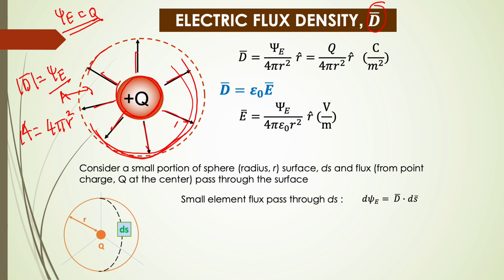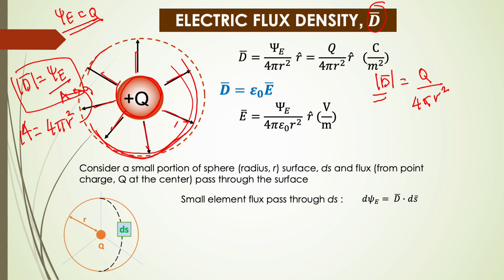If we substitute into this equation, your D will then be Q, or psi E, over 4 pi r squared.